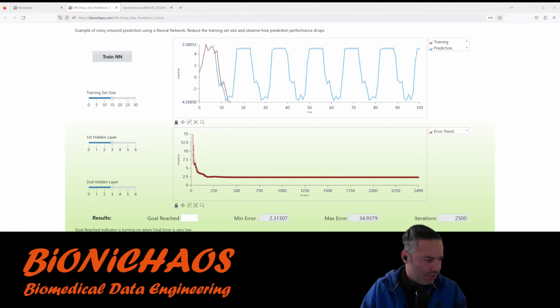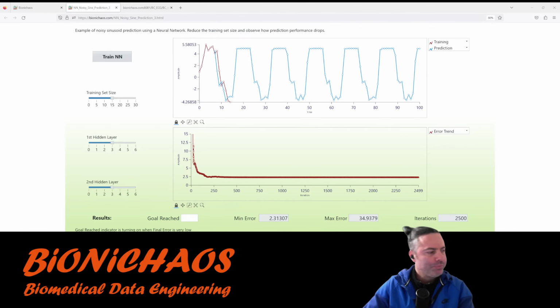And the chatbot answered, and it actually gave me a few papers, which are more interesting than what the chatbot has to say.